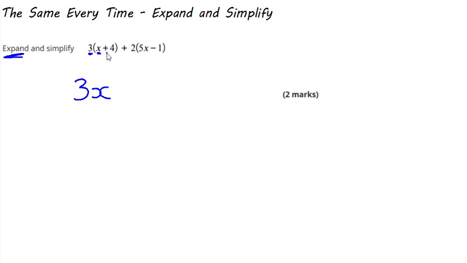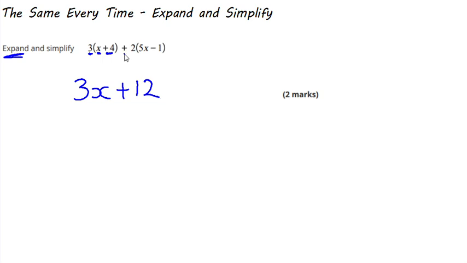Then the next term in the first bracket is a plus 4. I have to consider the plus sign in there. So 3 times plus 4 gives me plus 12 or positive 12. So 3x plus 12 is the expansion of the first bracket.